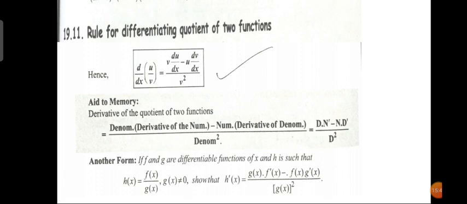That is the derivative of the quotient of two functions, which is also very important. So you have to study the sum, product and quotient of two functions. These derivatives should be remembered. You have to solve problems similar to these types of questions.